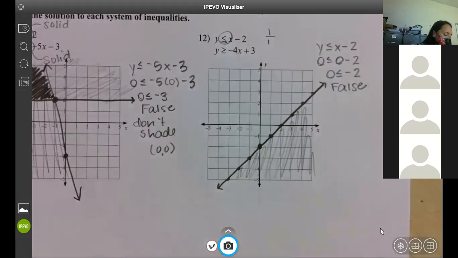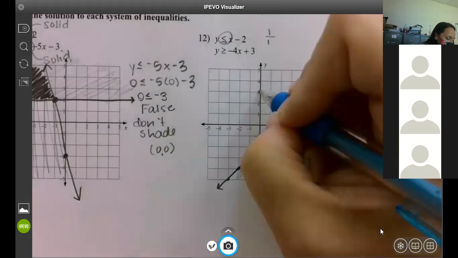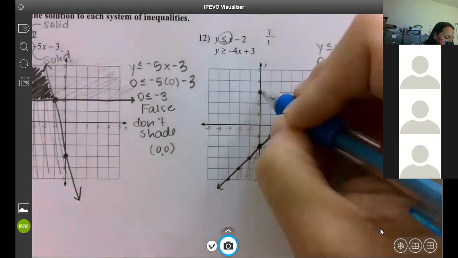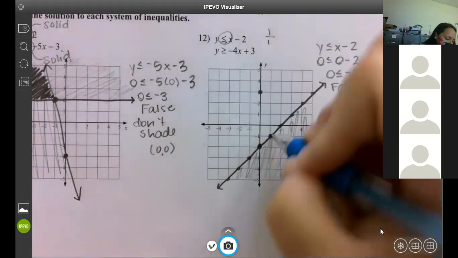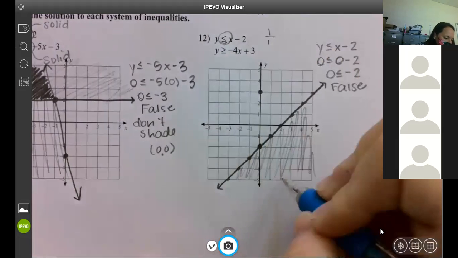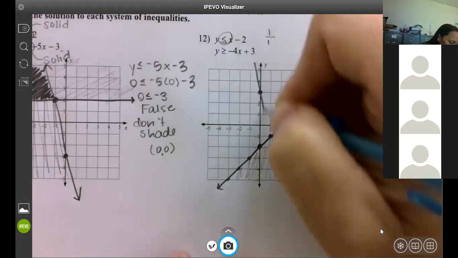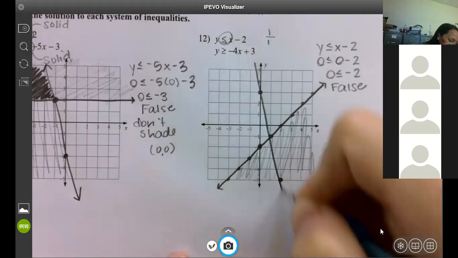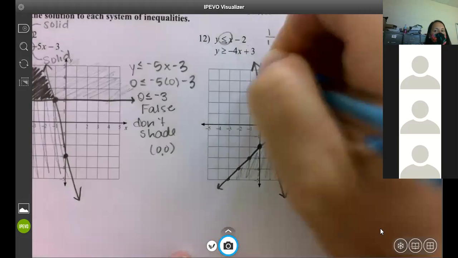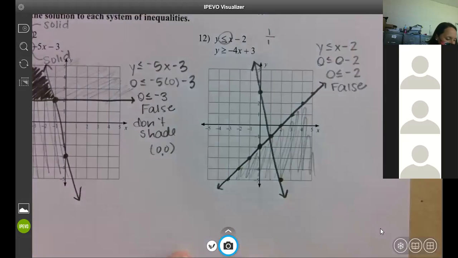How do I graph the next one? Start at 3. We move down 4 over 1, which is this point we already have, or down 4 over 1 here. Solid or dashed? Solid. So we're going to make it solid. It does not go through 0, 0, so we can plug that in.